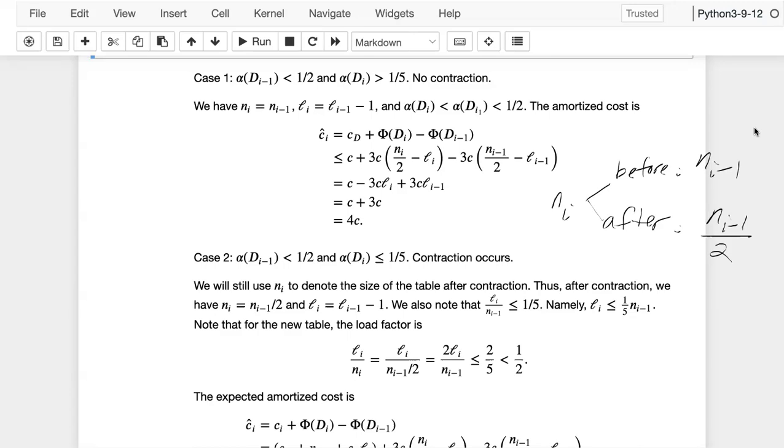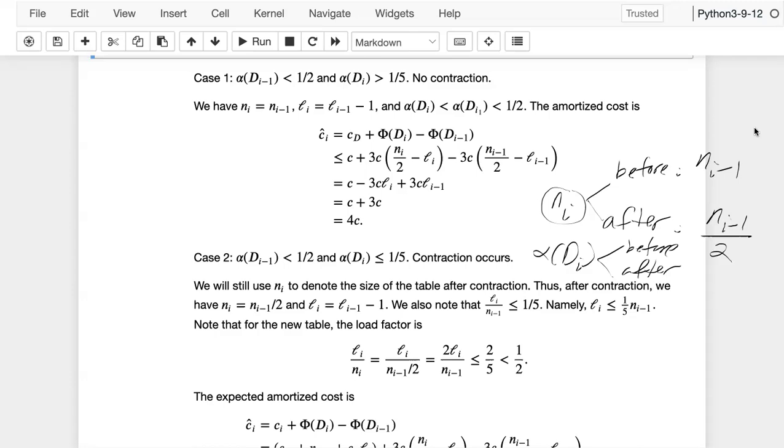Likewise, we can look at the load factor before and after, so we have 2 versions of it. We are going to use n sub i to denote the size of the hash table after the contraction.